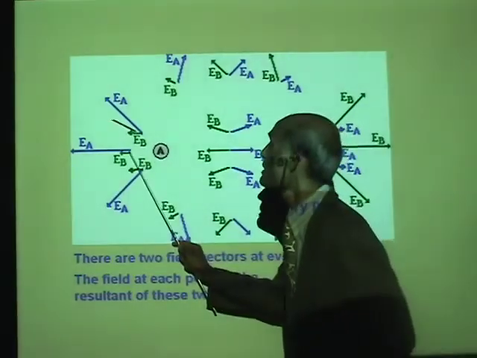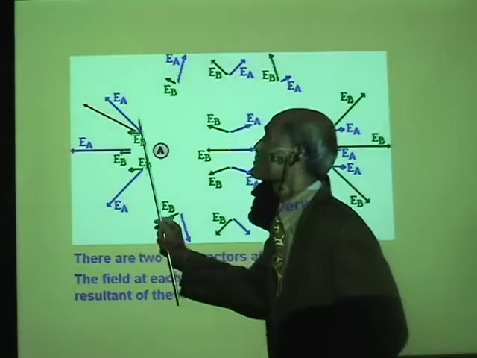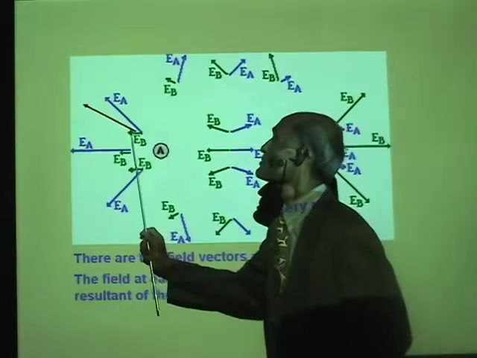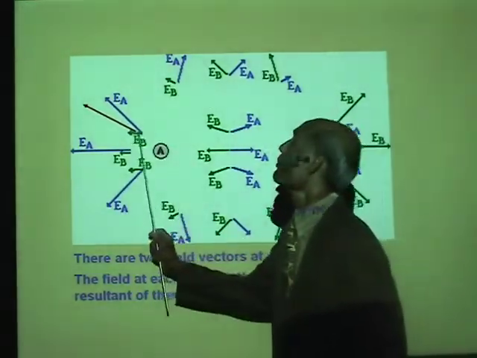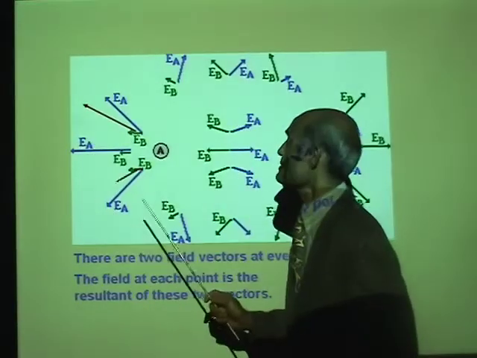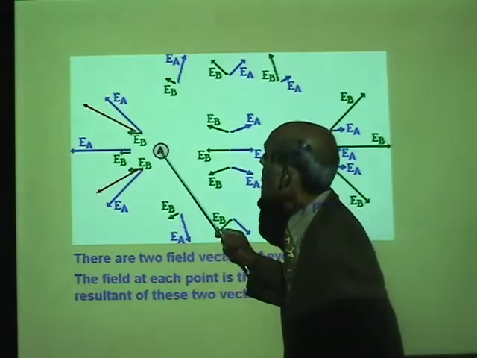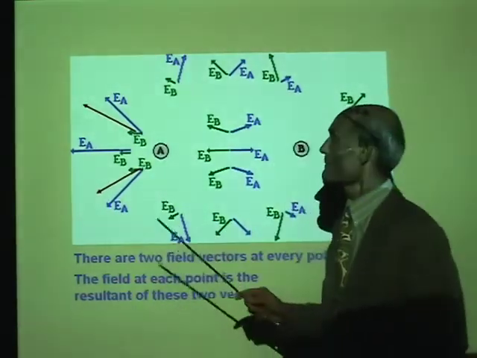So, what is the resultant of these two vectors? Look at that. That red vector is the resultant of these two. That means the resultant electric field due to both A and B will be that vector. Similarly, the resultant electric field due to both A and B here will be that vector.